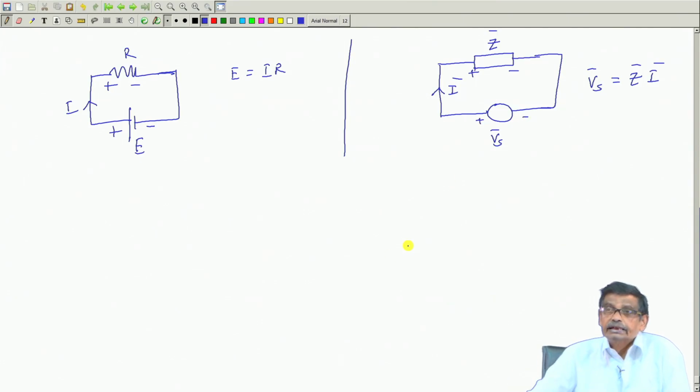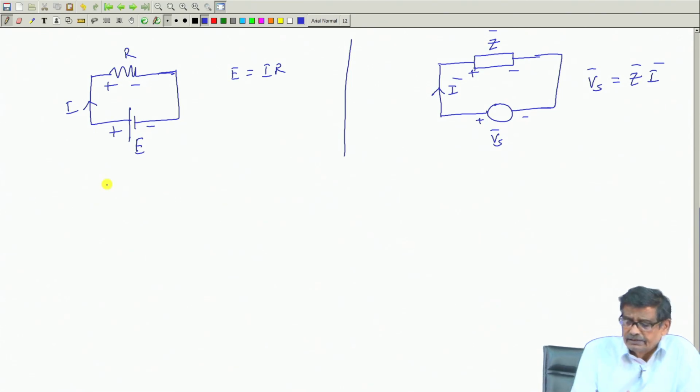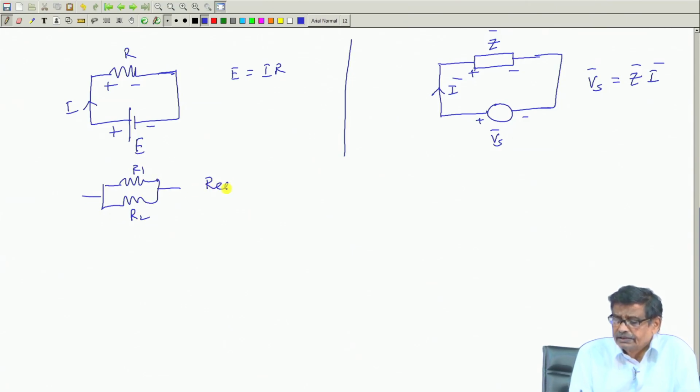If that be the case, then I can invoke all the things I have learned with DC circuits, that is, two resistances connected in parallel. Equivalent resistance is R1 R2 by R1 plus R2.